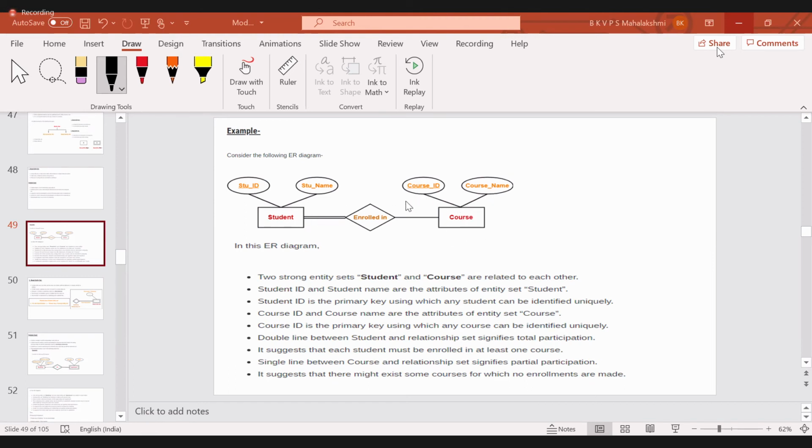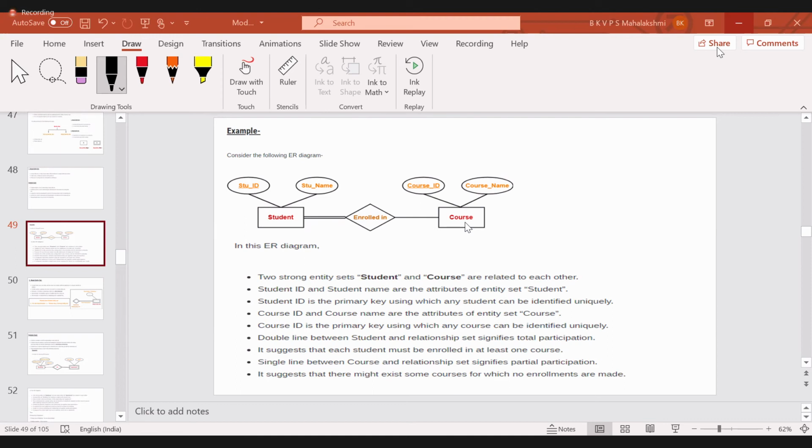We should not connect the student directly to the course ID. Whatever the features of a student, we have to connect to the student entity. In this sample ER diagram, these 2 are the entities and these 4 are the attributes, and among the 4, these 2 are the attributes for the student and these 2 are the attributes for the course.